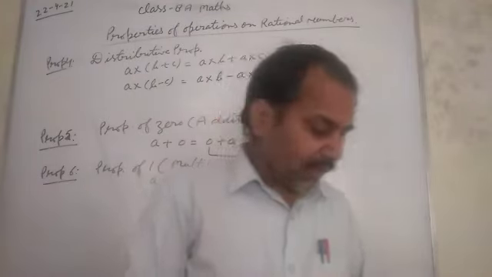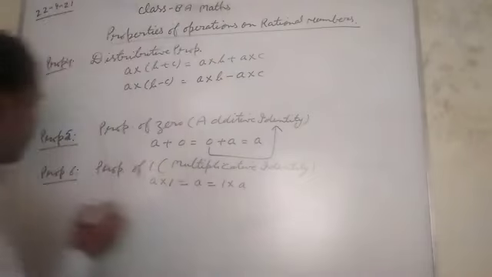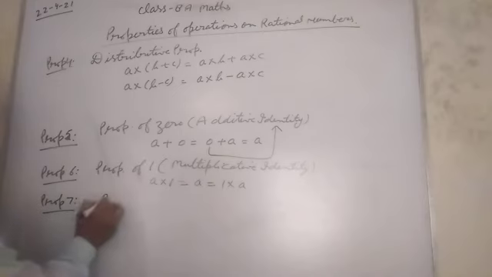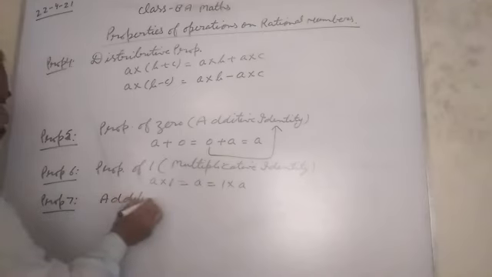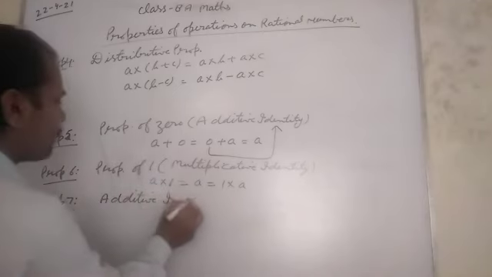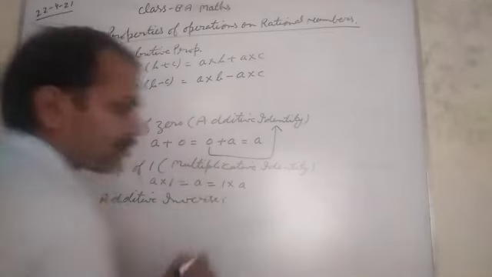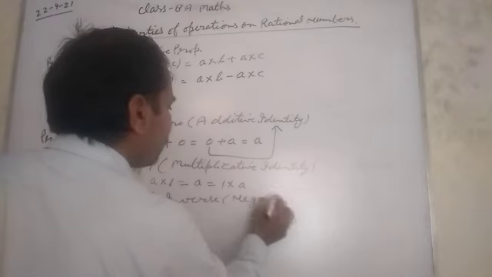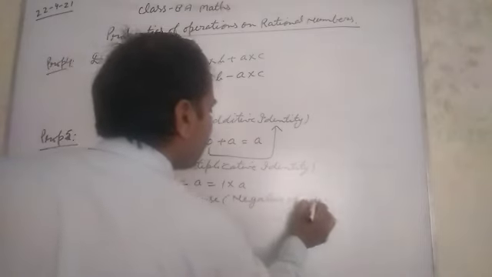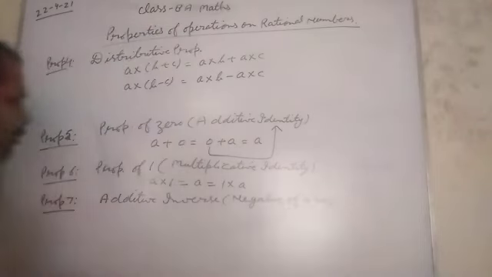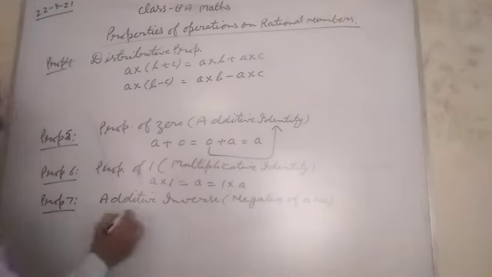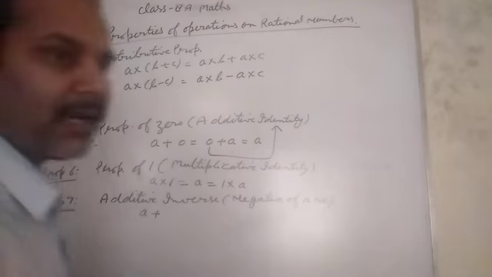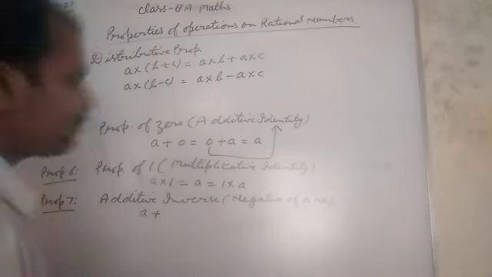Then additive inverse. It is also called the negative of a number. So additive inverse means the number that, when added to a number, gives the sum 0.